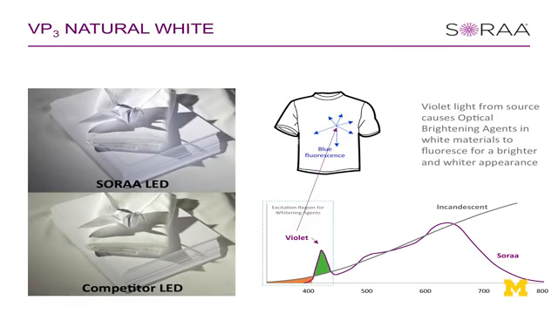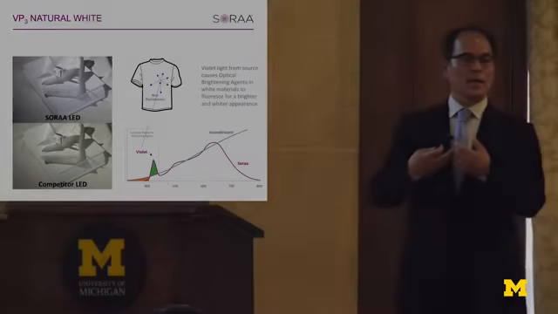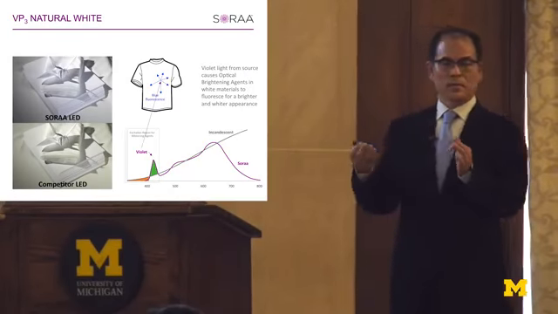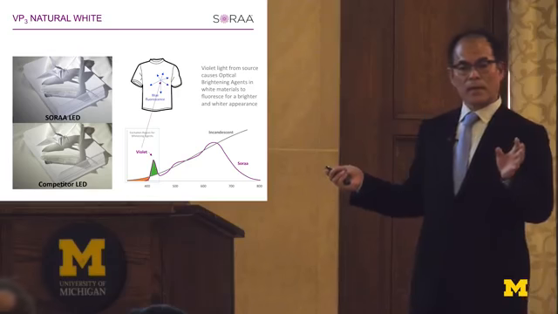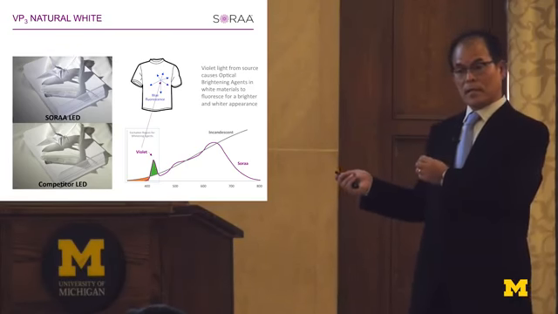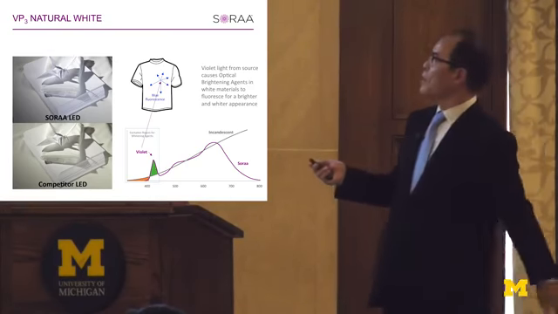And another big problem with white LED made by blue is this one. All kinds of white shirts, white paper, also cosmetics, include a brightening agent. This brightening agent is like a fluorescent material. This brightening agent is only excited by UV or violet irradiation, not blue.